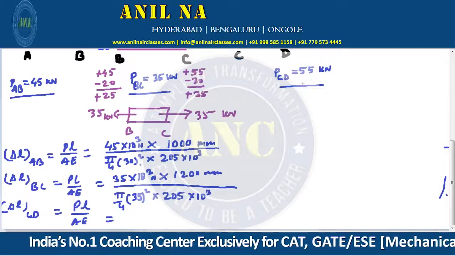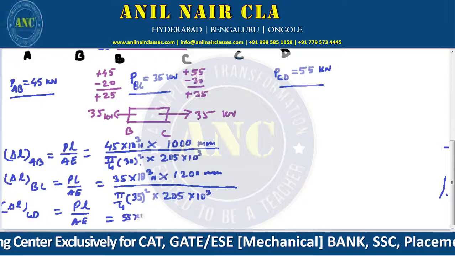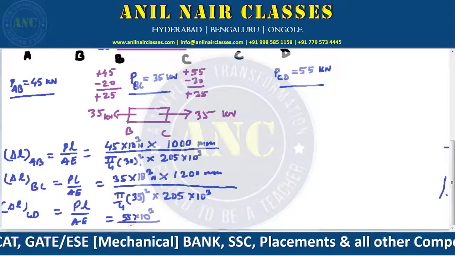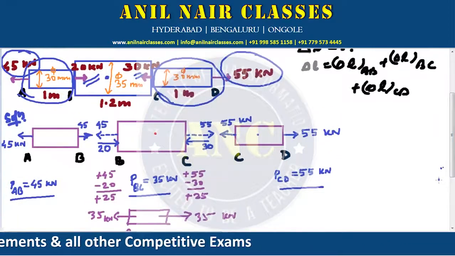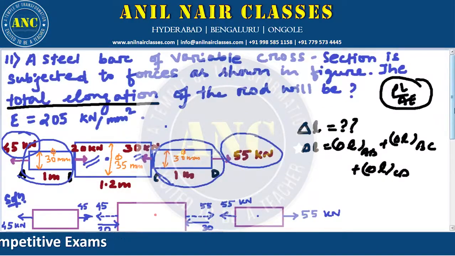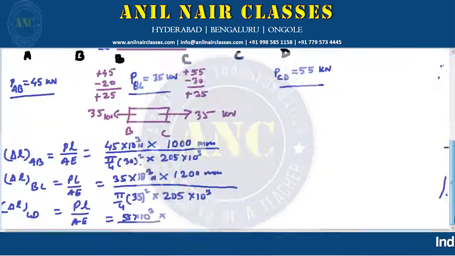CD is here 55. So this is 55 into 10 to the power 3 into length is how much? 1 meter. That is nothing but 1000 mm.